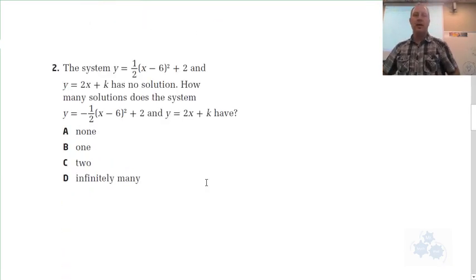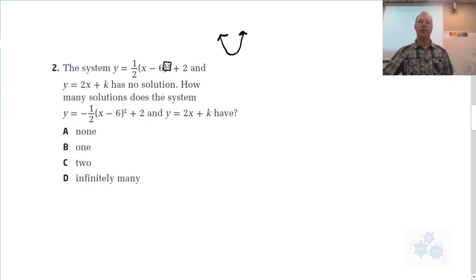Number 2. The system y equals 1/2 (x minus 6) all squared plus 2. Now this is a parabola that opens upward. I know that because there's the square here. That's a parabola, x is squared, and it's got a positive leading coefficient. So that means it opens upward. And it's actually a little bit flatter, it opens a little wider than usual because the a value is less than 1.